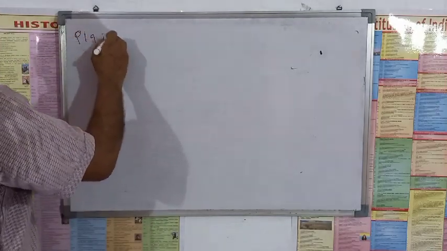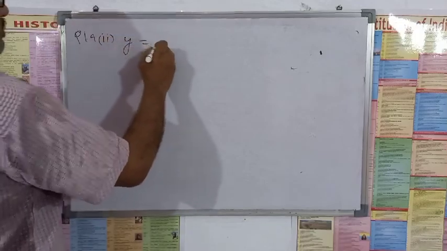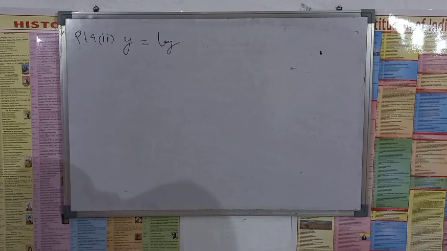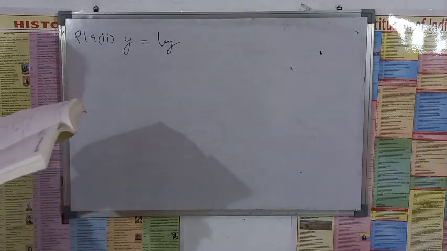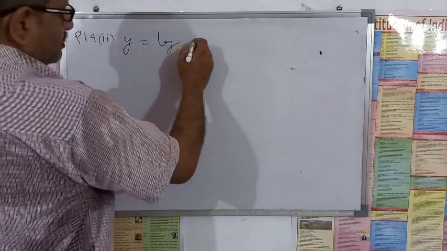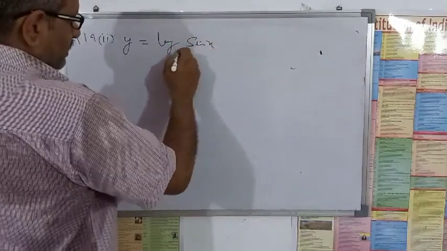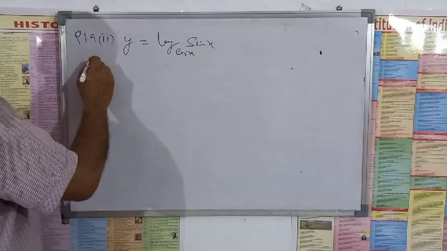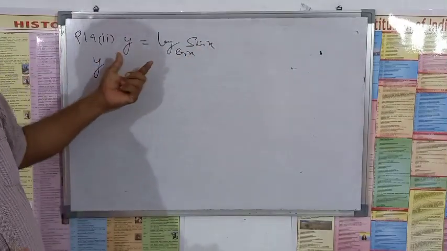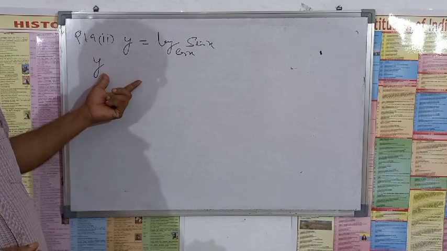It is given y is equal to log of sin x at the base cos x. We have to find dy by dx.